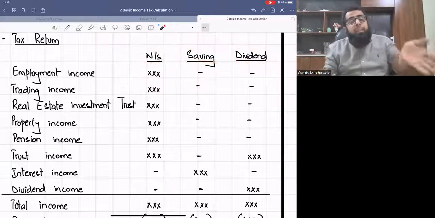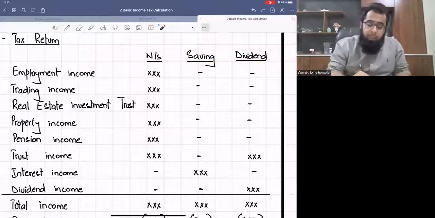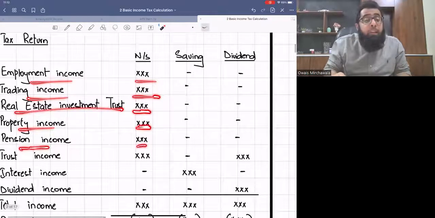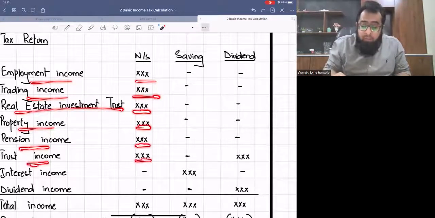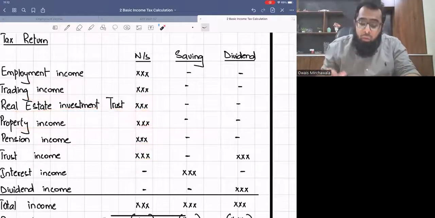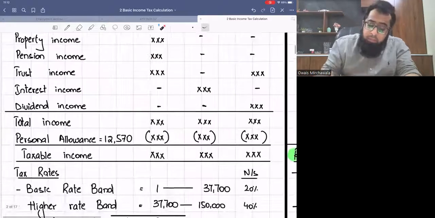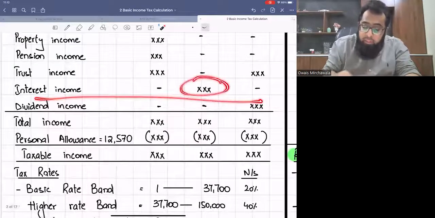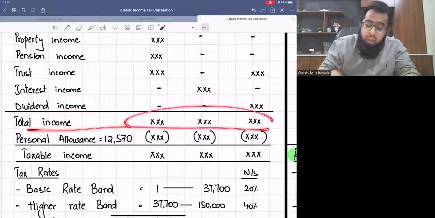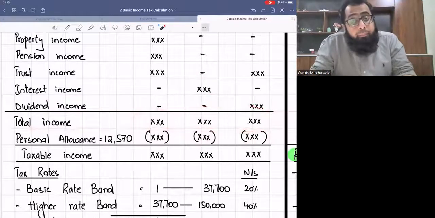All the incomes except interest and dividend: employment income, trading income, real estate investment trust, we will discuss this concept, property income, the rentals, pension income, trust income, donor, trustee, beneficiary, we will discuss this concept. Interest income goes in head of saving, dividend goes in head of dividend. All incomes are added to arrive at the value of total income.